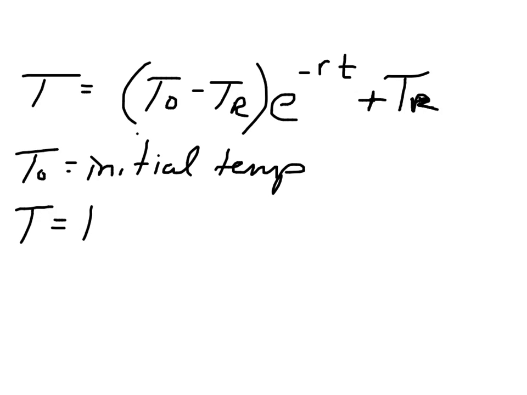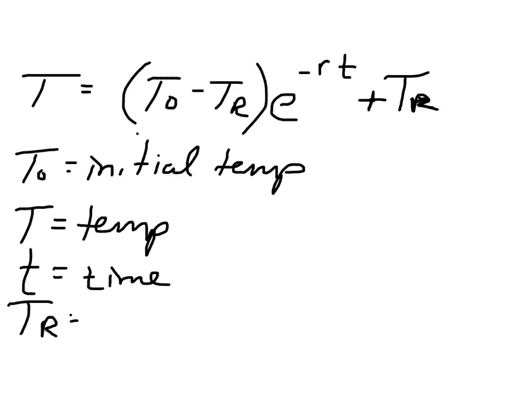T is the temperature. That's how much it is now. That lowercase t is the time it takes. TR is the surrounding temperature. So for example, looking at some of the TV shows that we have, CSI is based in Vegas. Is Vegas's temperature a little bit different than ours?